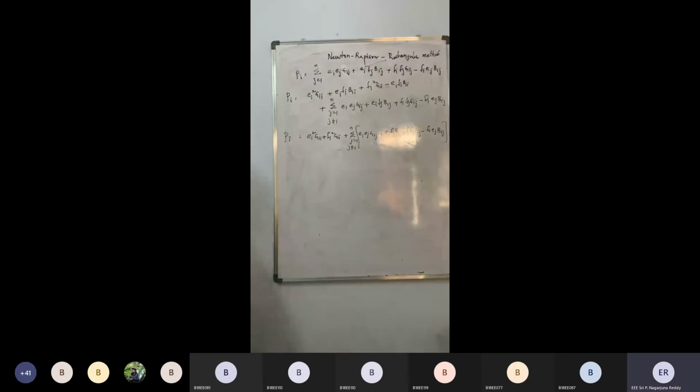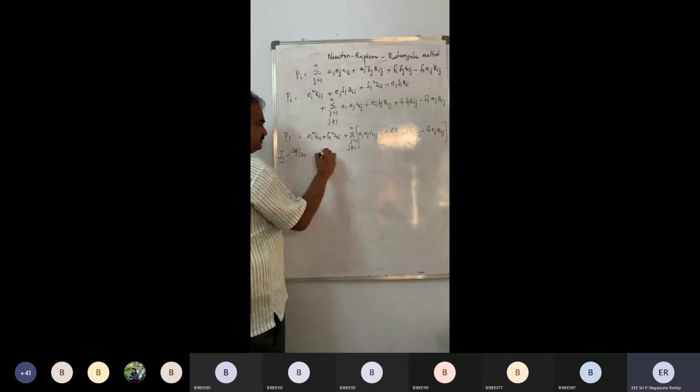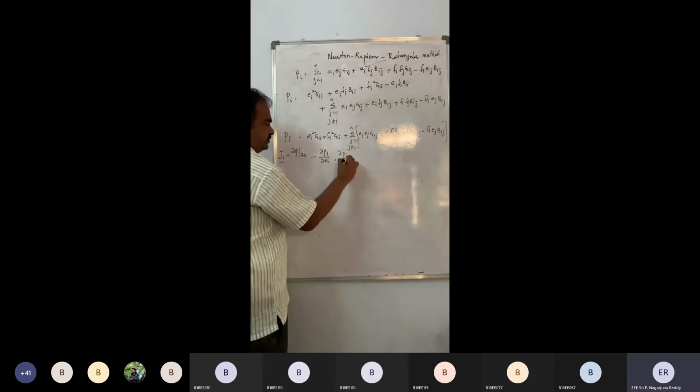Now, coming to submatrix J1, which generally holds the terms of dou P by dou E. It can have two separate elements: i with respect to i, or i with respect to j.